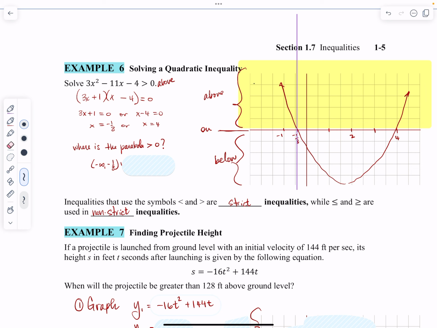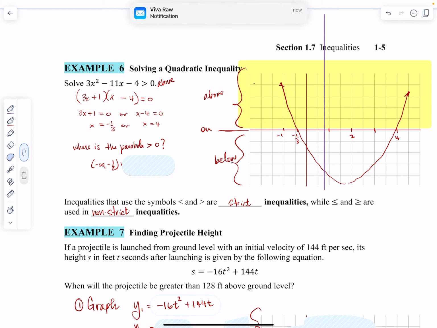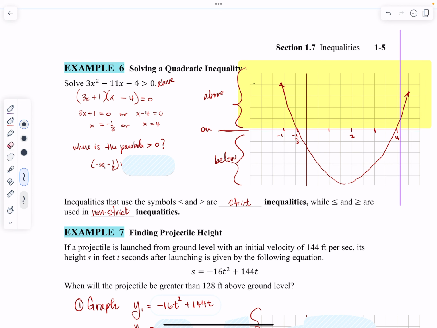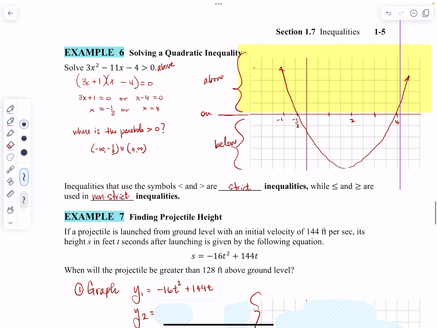Then the next time that we are above the x-axis is not until we reach x equals 4. And anything after x equals 4 is going to be above the x-axis. So that will be from 4 all the way to infinity. And again, we don't want what's on x equals 4. We're not including x equals 4. It's only going to be after that.